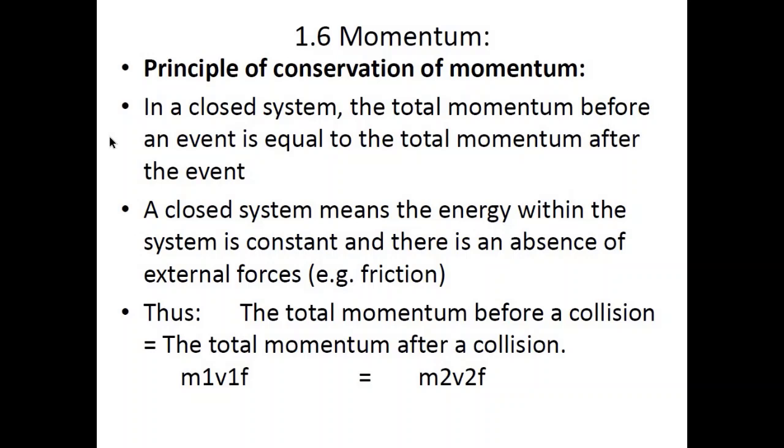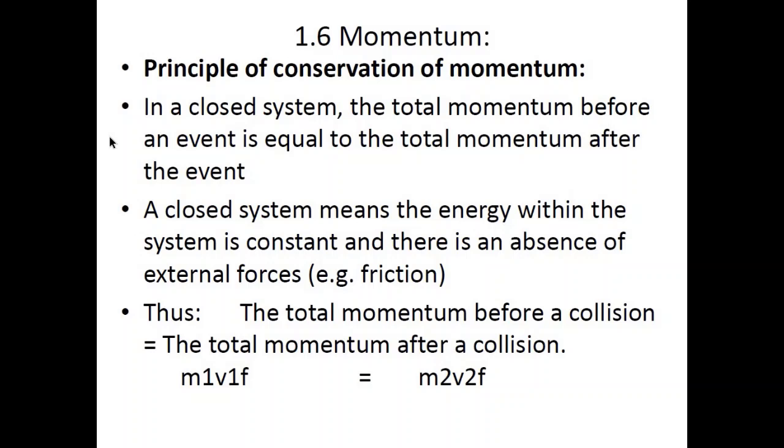It means the momentum an object had is transferred from one body to another body after an event has occurred. Often in physics we take the example of collisions. So the total momentum before a collision is always equal to the total momentum after the collision.